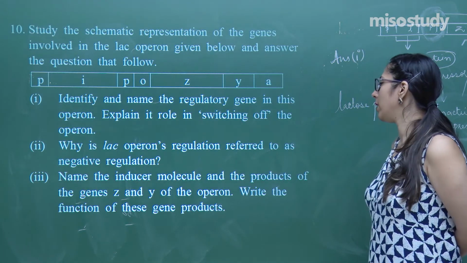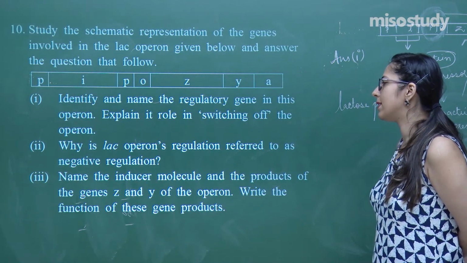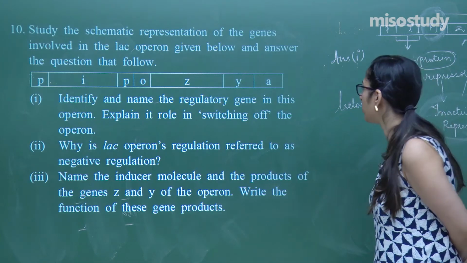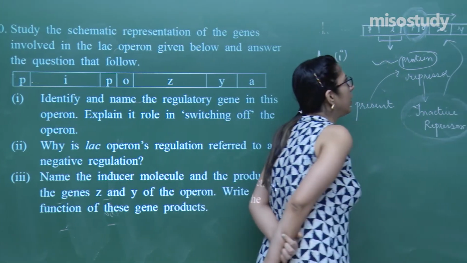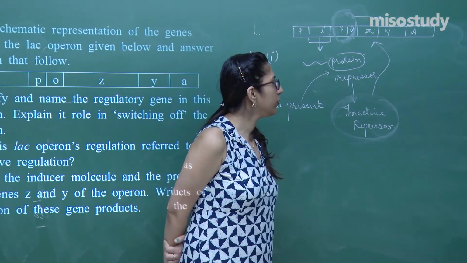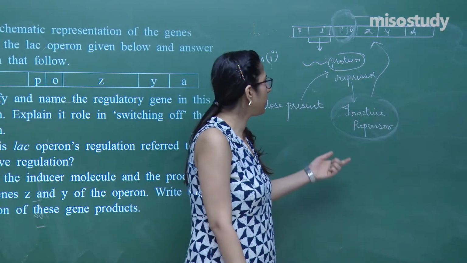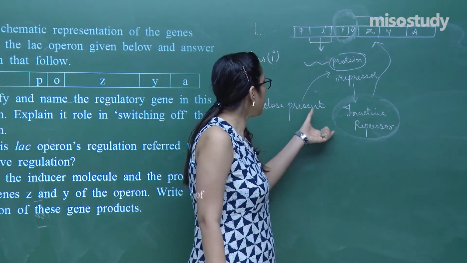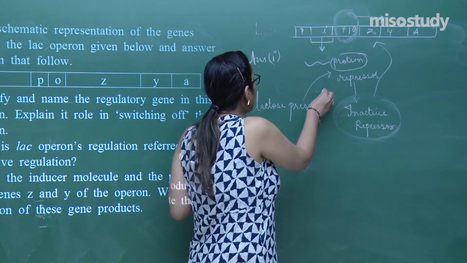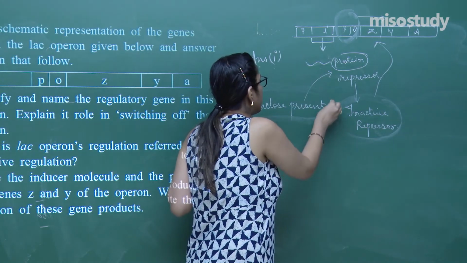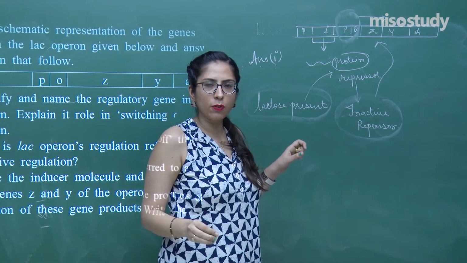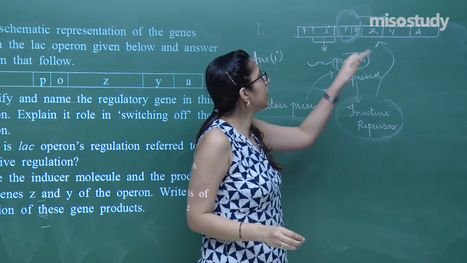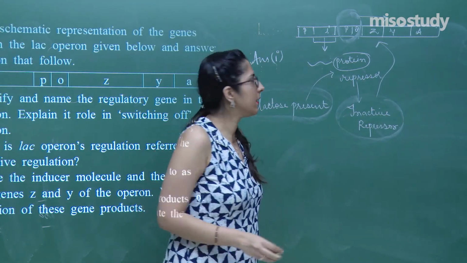Name the inducer molecule and the products of the ZYA of an operon. When we talk about the inducer, in this case the inducer is lactose. When lactose is present in the medium, all of the structural genes will be synthesized.